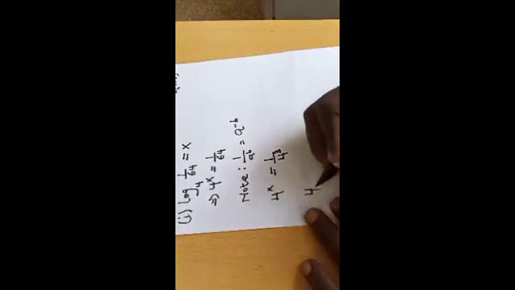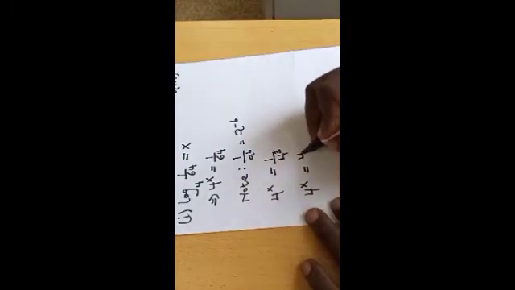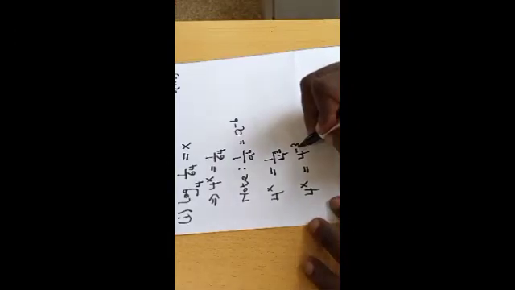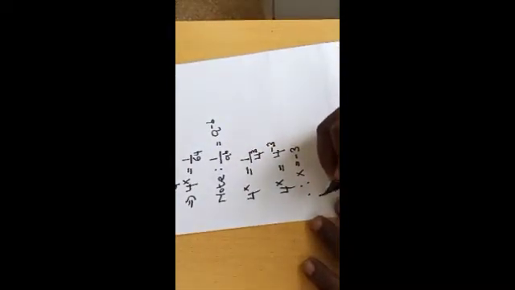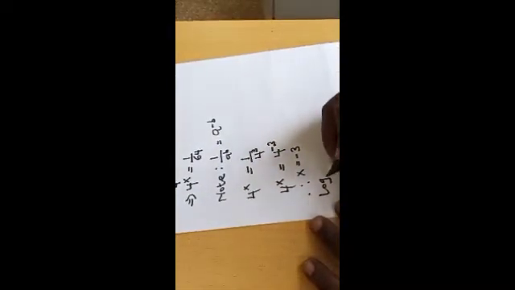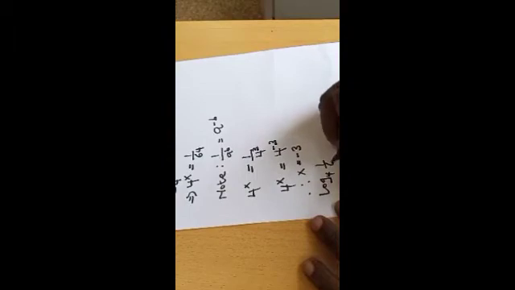And so we are going to have 4 to the power x is equal to 4 to the power negative 3. So therefore our x is equal to negative 3. Log base 4 of 1 over 64, therefore, will be equal to negative 3.